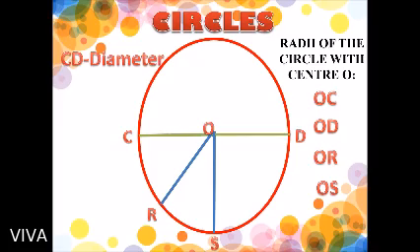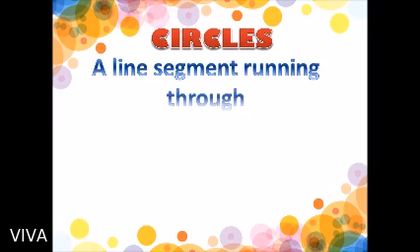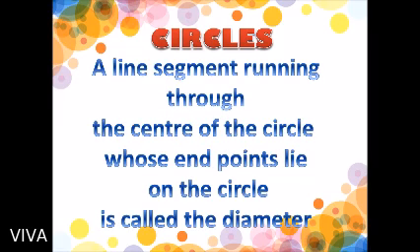We define the diameter of a circle as the line segment running through the center of the circle whose end points lie on the circle. How many diameters do you think a circle will have?